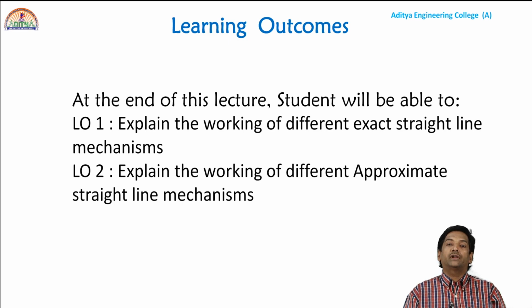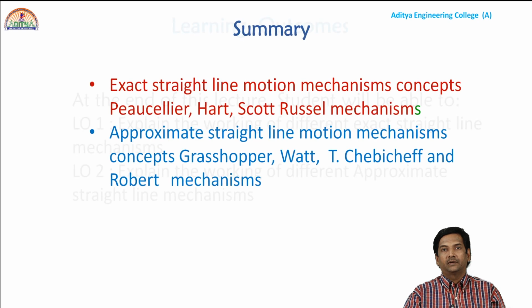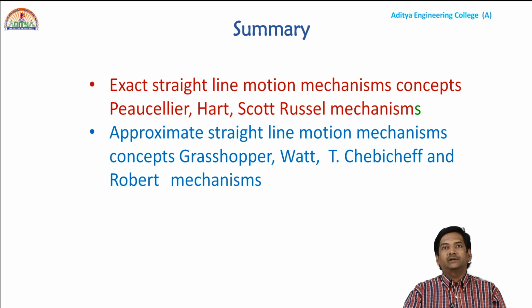These are all different approximate straight line mechanisms. So, this is the summary of the lesson. Exact straight line motion mechanisms are discussed and approximate straight line motion mechanisms are discussed in detail with animations.